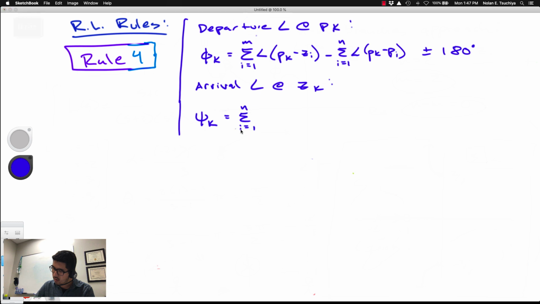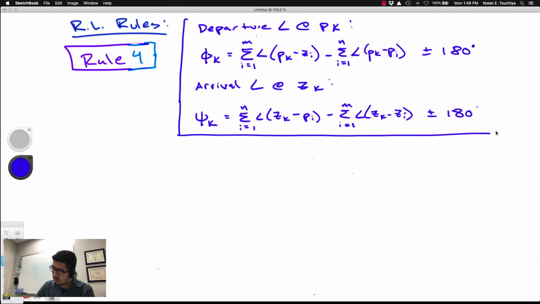So from i equals 1 to n, it's the kth zero minus the ith pole, minus this summation that sums through all of the zeros, plus or minus 180. Okay, so this is Rule 4, just written down in plain mathematics.